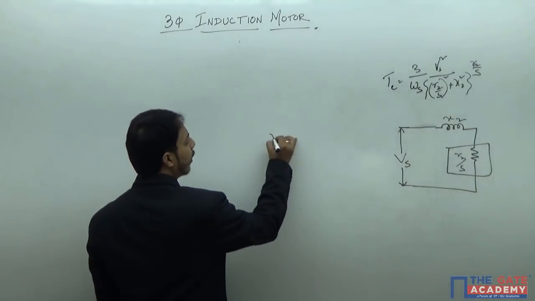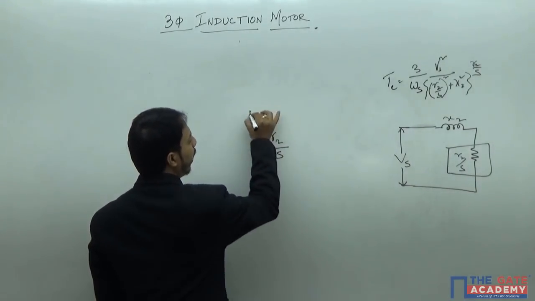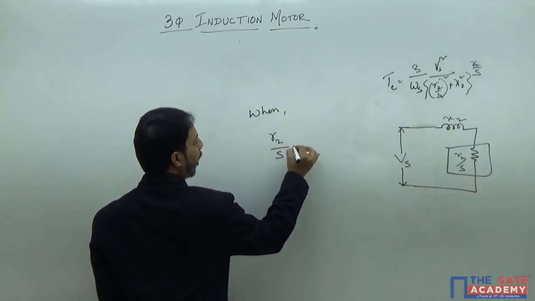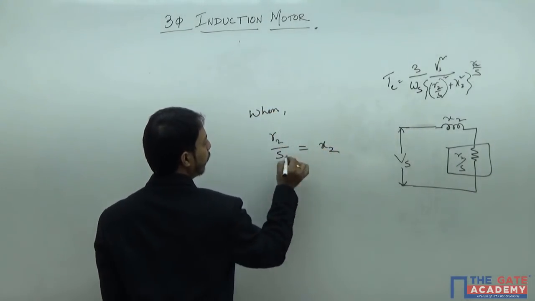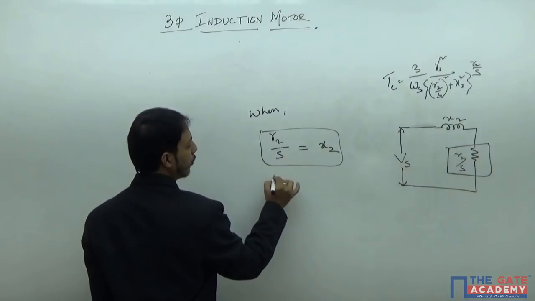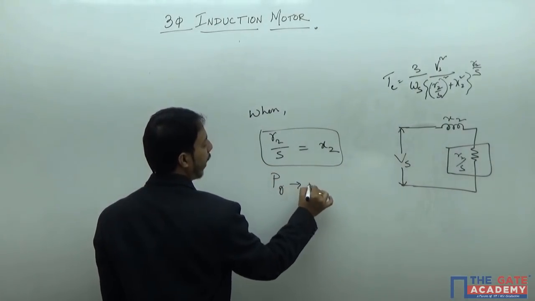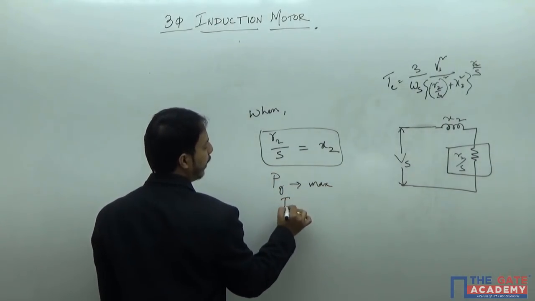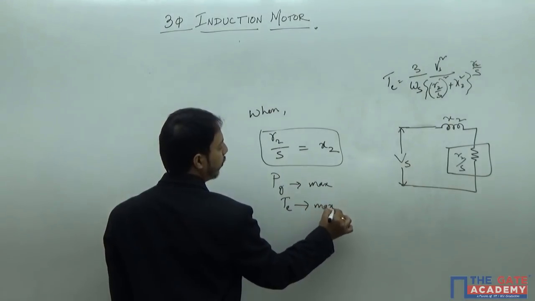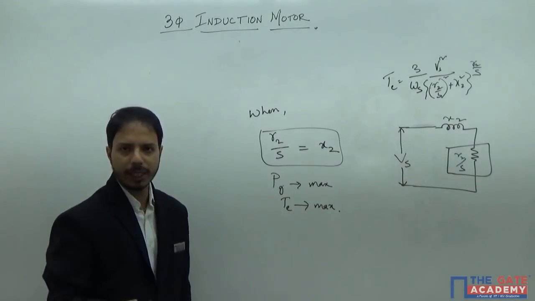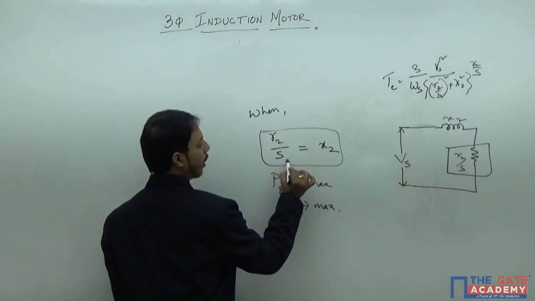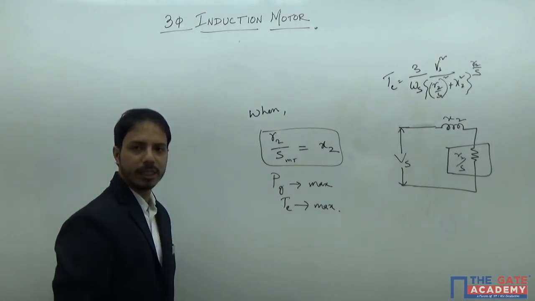So I can say simply that when R2 by S is equal to X2, PG is maximum, or TE is maximum. This is the condition, as simple as that, and this slip becomes the maximum torque condition.